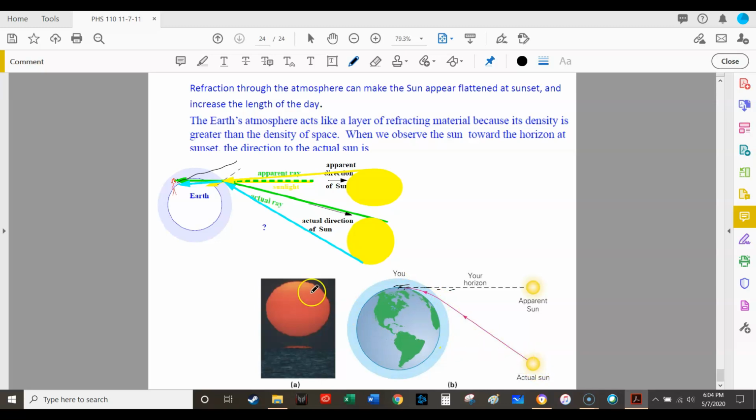And what happens is the sun starts to take on this slightly oval shape. Not only is the light coming in from the sun being bent, but the actual shape of the sun is being changed too, so that it actually starts to squish down. Sorry, I drew it on the wrong thing. So a light ray from the sun is bending towards the normal when it's coming into our atmosphere, but our eyes see it as a straight line.